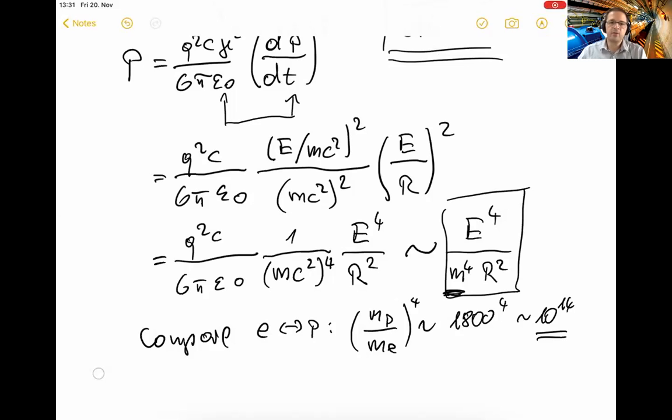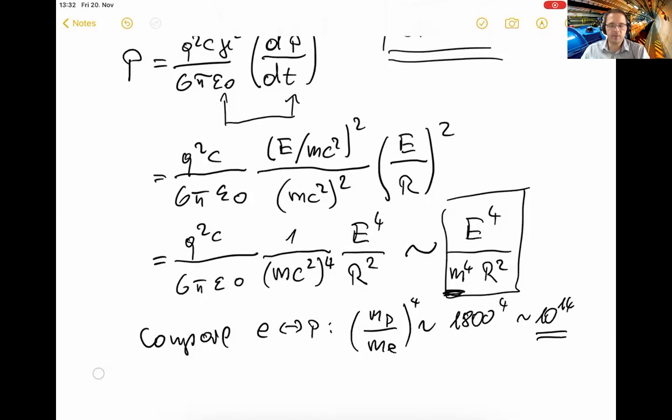You want to increase the energy, and your synchrotron radiation increases with the 4th power. It's a small number at first and you don't see it, because the 4th power of a small number is a vanishing number, and suddenly it explodes and goes through the roof. If you want to double your energy, you have 16 times the loss.